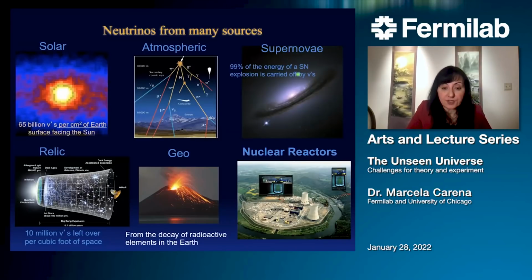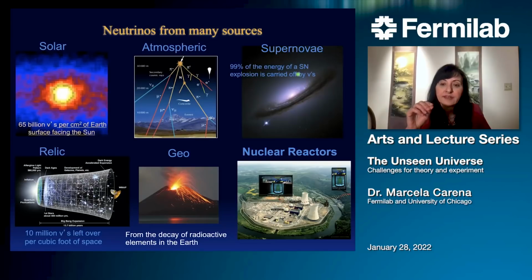There are a lot of neutrinos that are produced from the decay of radioactive elements in the center of the Earth. And many other radioactive elements, like potassium and banana, could produce neutrinos. So finally, in this slide, there are two other ways that we can actually make neutrinos ourselves. One is nuclear reactors.